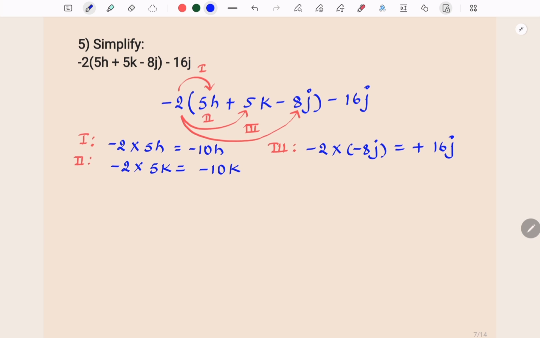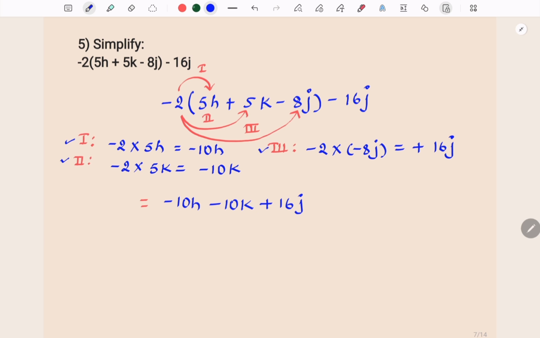Alright. Now the next step is to write these terms with their proper signs. Okay, so I will write minus 10h from here, minus 10k from here, and plus 16j from the third multiplication.